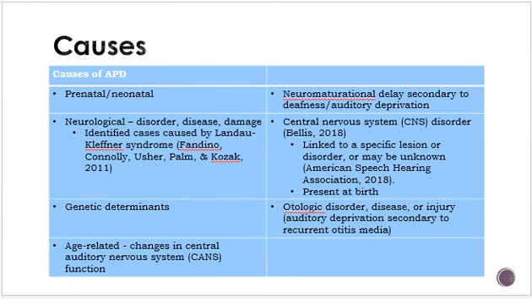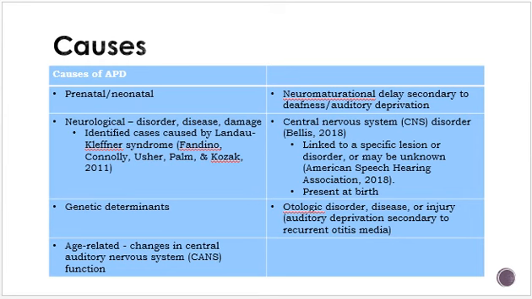Genetic determinants can also be causes of APD. Age-related changes in the central auditory nervous system functioning can cause APD, as can neuromaturational delay secondary to deafness and auditory deprivation.